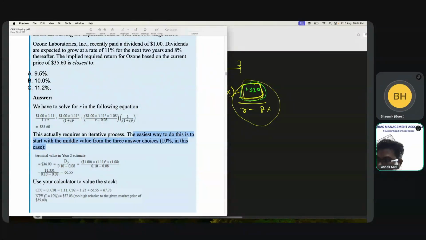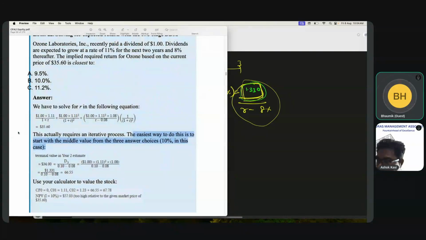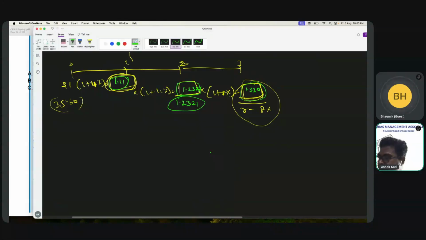Hold on. 35.60. Okay, first let's say R is 10 percentage. So 1.330 divided by 10 percentage minus 8 percentage.